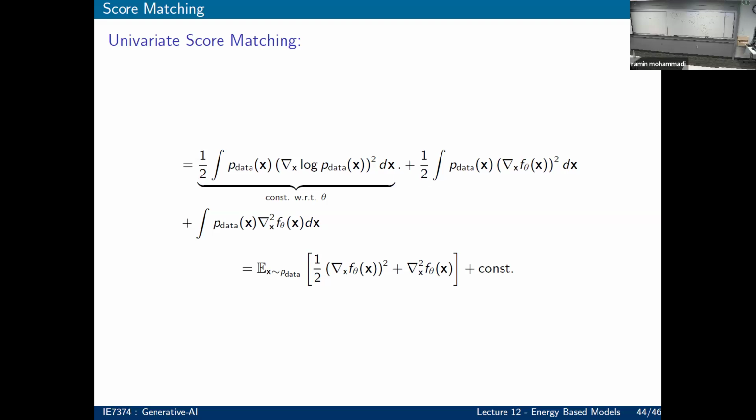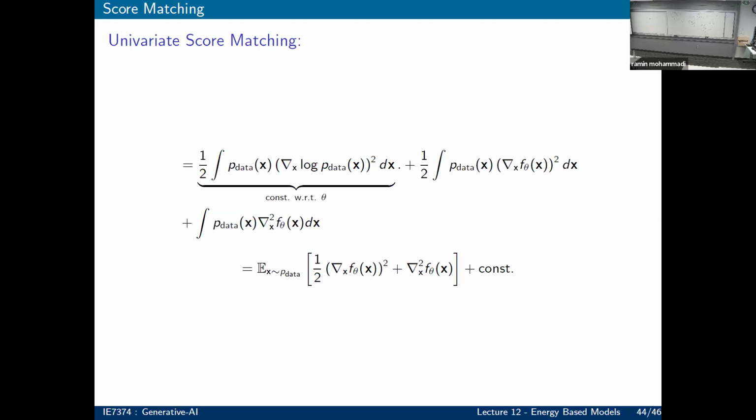Now, if you look at the first one, which is the only one where we still need the gradient of log p data with respect to theta, because we're solving for theta, this is constant, right? This doesn't have theta in it. So with respect to theta, that's constant. So we don't need to focus on it, despite the fact that we don't have the gradient of log p data. Because it's constant with respect to theta, what we solve for, we can just write it as a constant and ignore it.